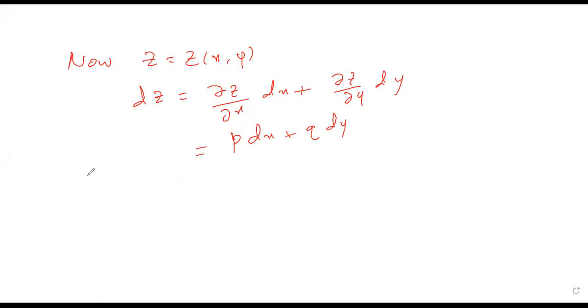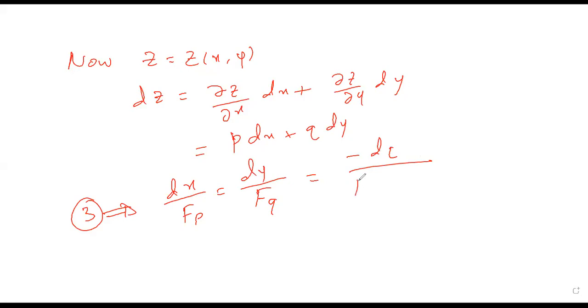From equation number 3, we have dx over Fp, which is equal to dy over Fq, which is equal to minus dq over Fy plus Fz q, which is equal to k.